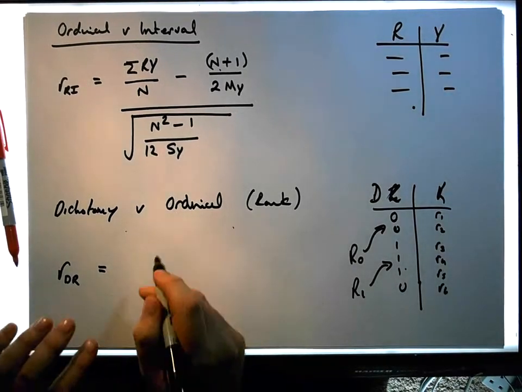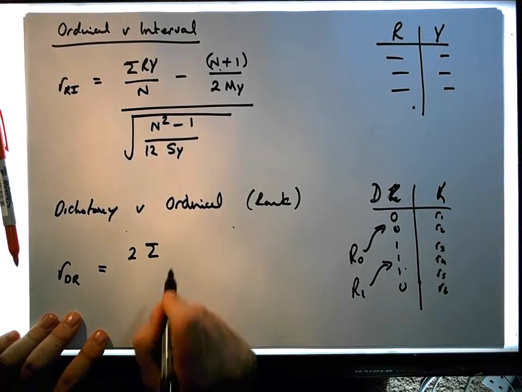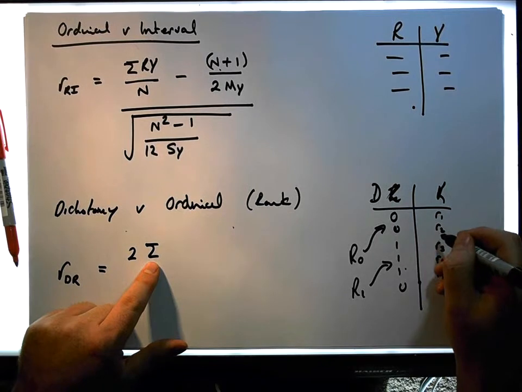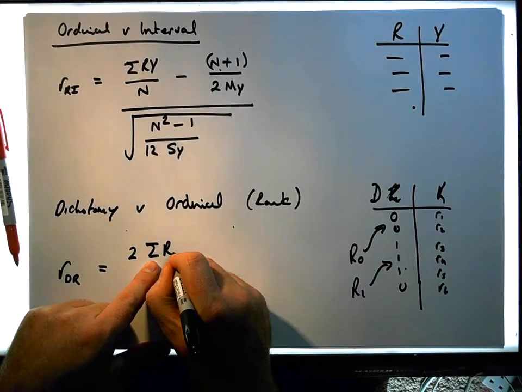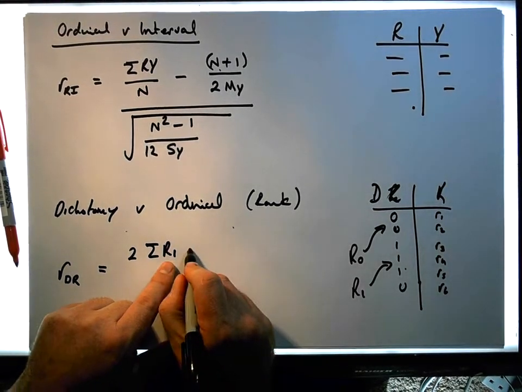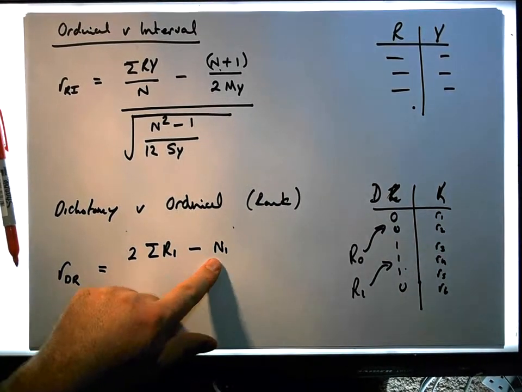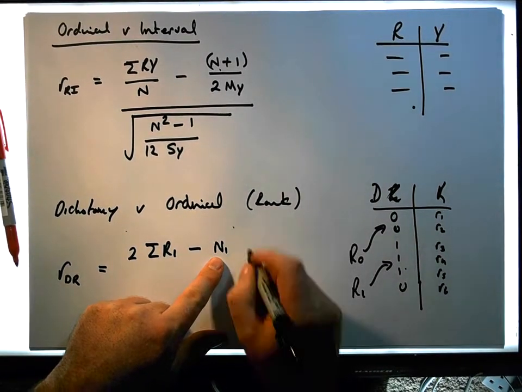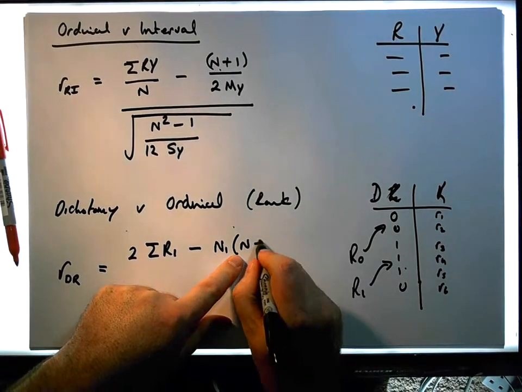So what we have is 2 times the sum of the ranks associated with the dichotomy labeled 1, minus the number of observations in the dichotomy labeled 1 times the total number of paired observations plus 1.